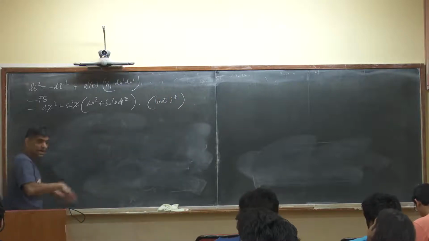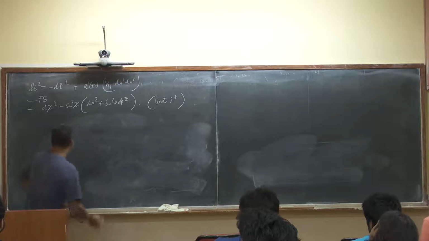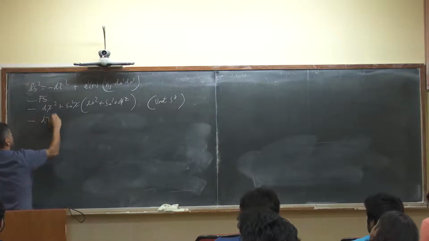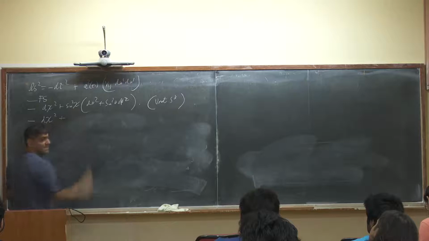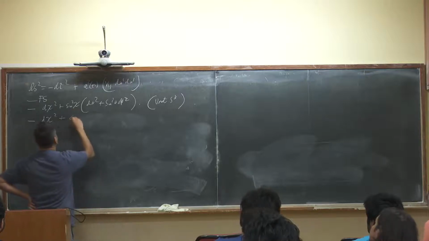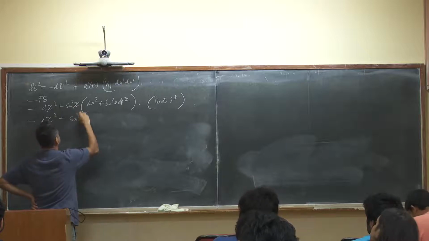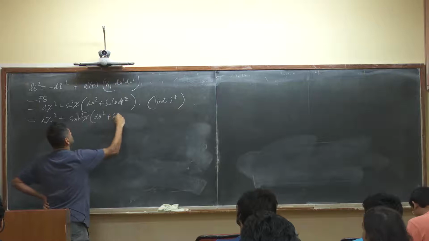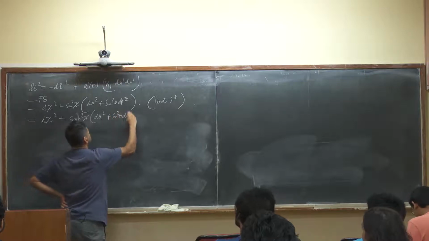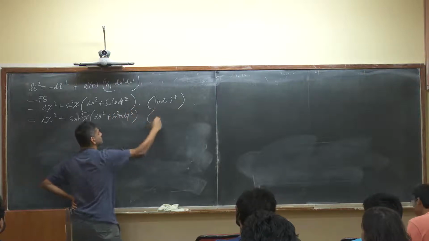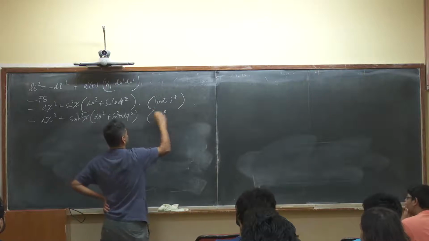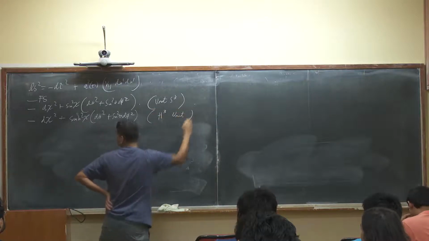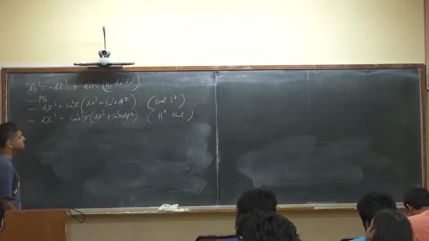And then there was a unit hyperbolic space, which was the same metric, but the sine became sinh. Let's call this H3 unit. Okay, so this was a metric.